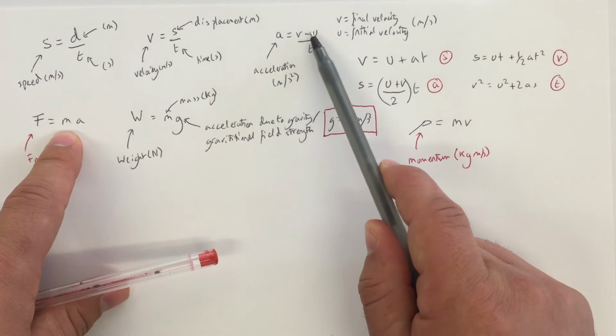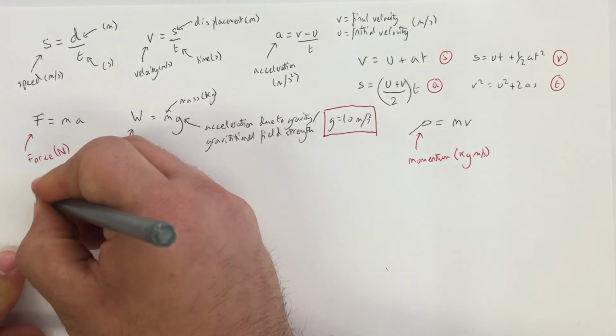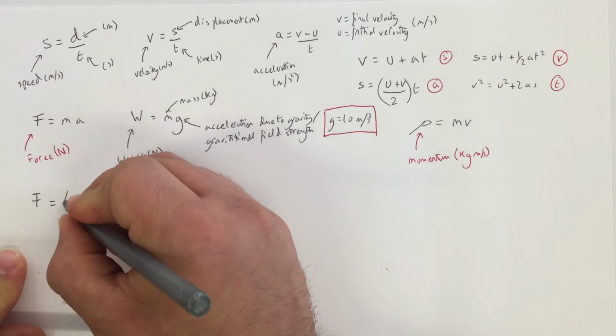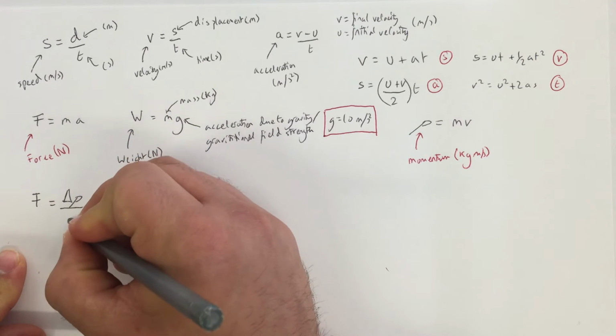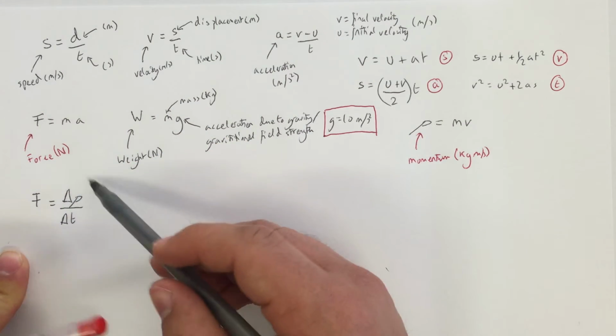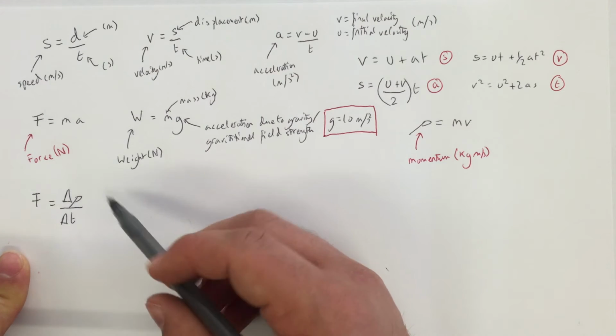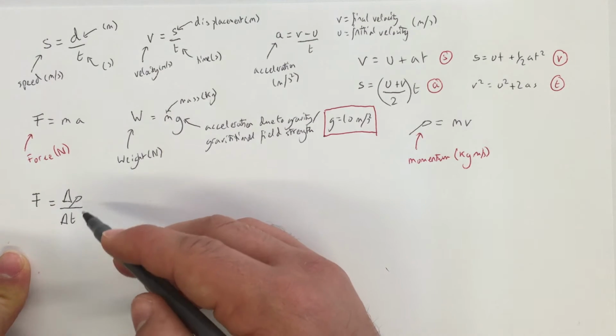And since mass and change in speed is momentum, we can write that force is equal to the change in momentum divided by the change in time. And that is actually how Newton wrote his second law. Rather than writing F equals ma, he wrote it this way. So force is the change in momentum divided by time.